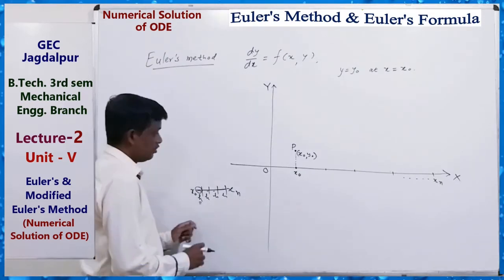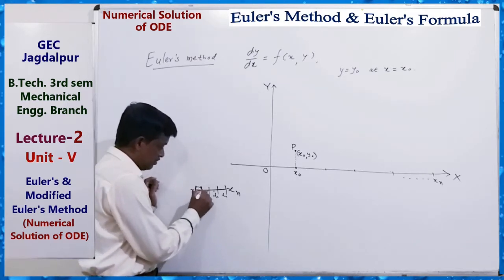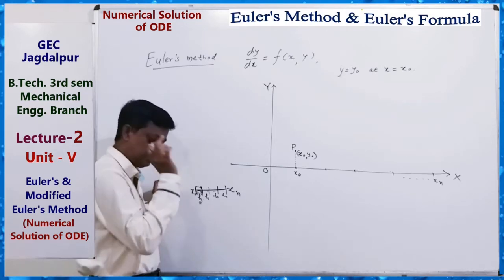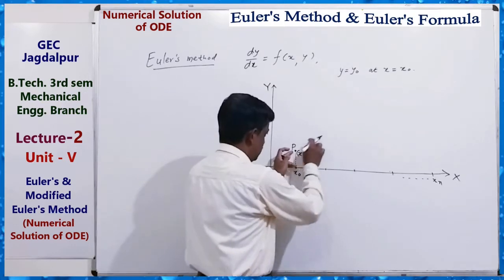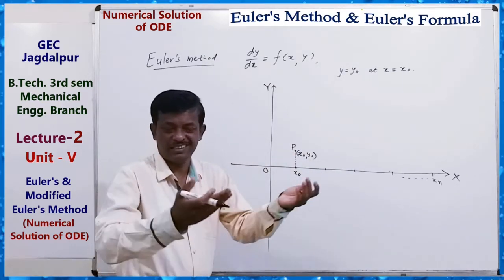Now, as this subdivision is very small, then in this part the curve may be treated as a straight line.